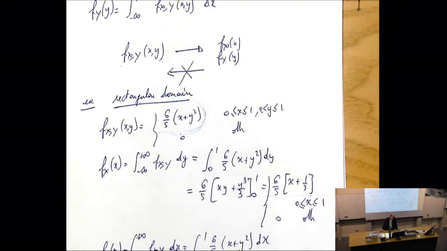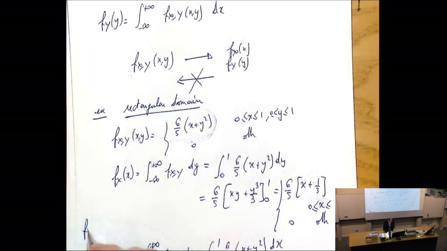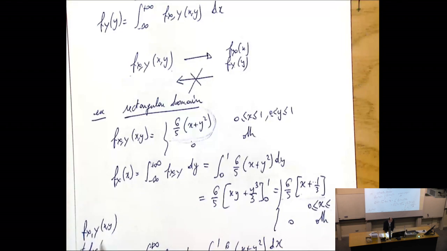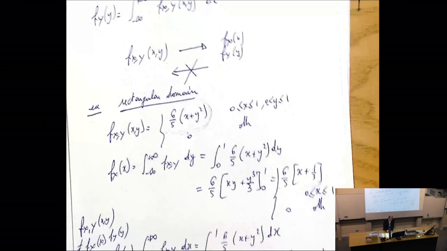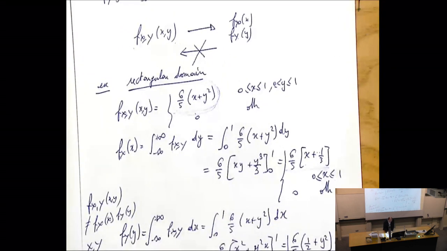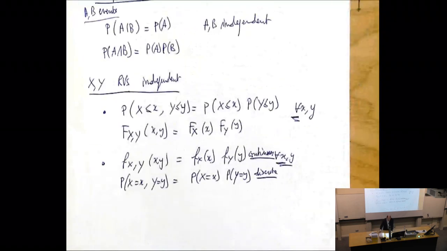And you can see relatively quickly that the product of this with that is not equal to that. So in this case, you note that the joint PDF of X, Y is not equal to the product of their marginals. And so X and Y here are actually dependent. They're not independent, they're dependent. Okay?